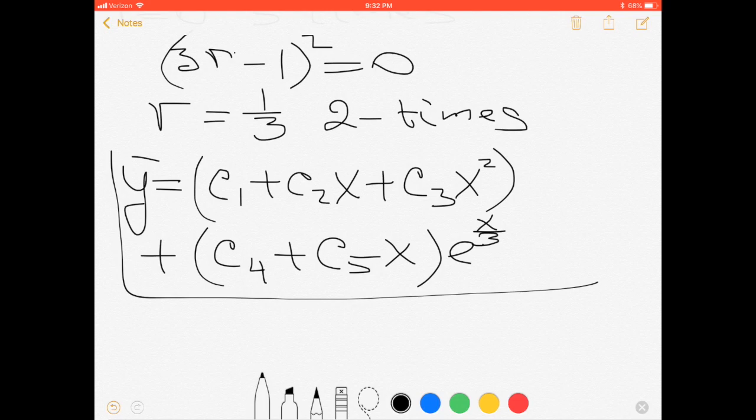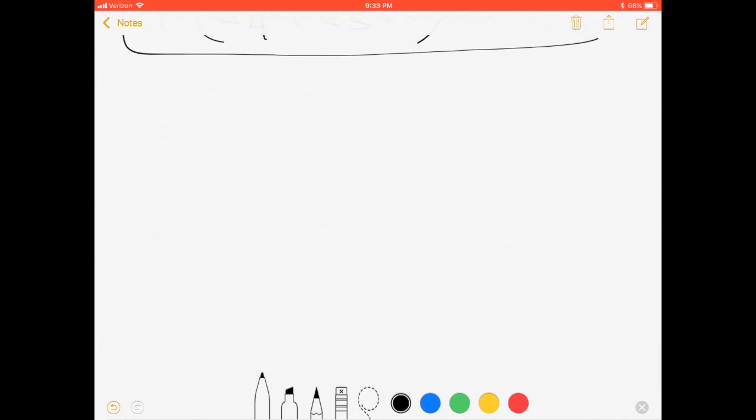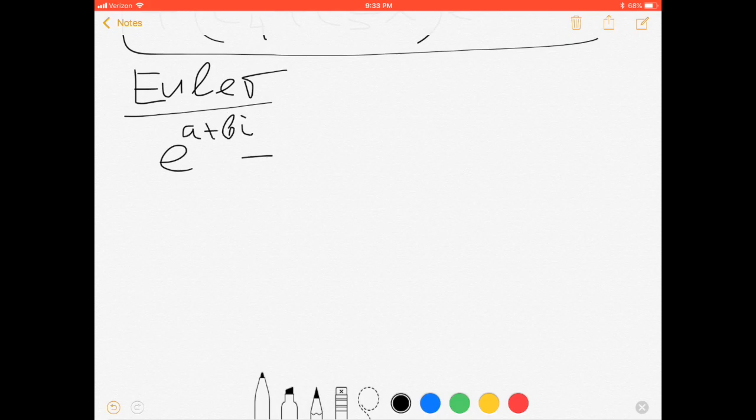But sometimes our polynomial has complex roots. What happens in this situation? Now we need to remember Euler's formula. Euler tells us if you have e to a complex power, it will be e to the real number times e to the imaginary number's power.